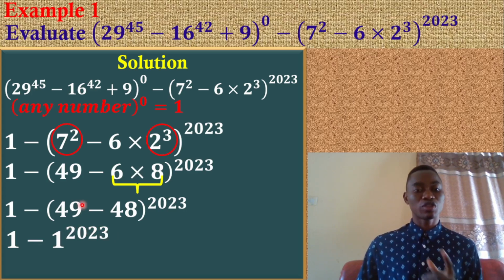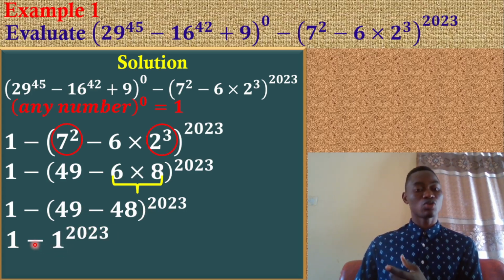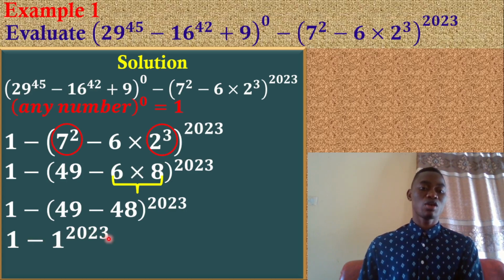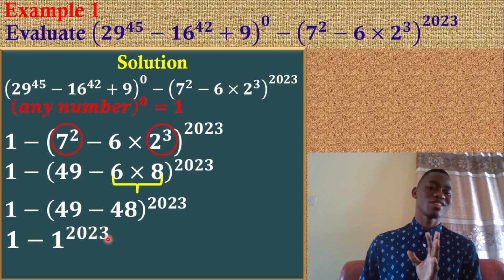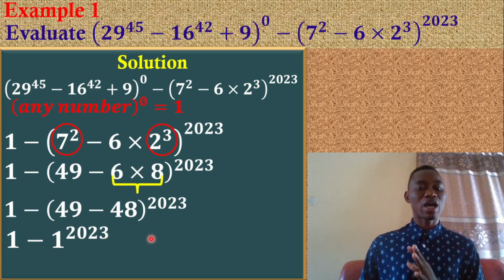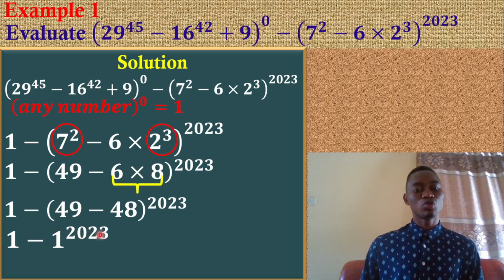Of course, 49 minus 48 gives us 1. So we now have 1 minus 1 raised to the power of 2023. I hope we are getting the gist right. So now our brackets are gone.